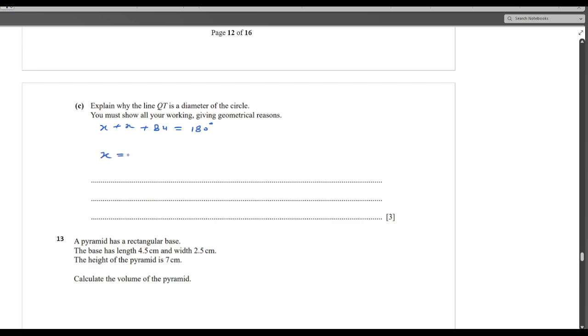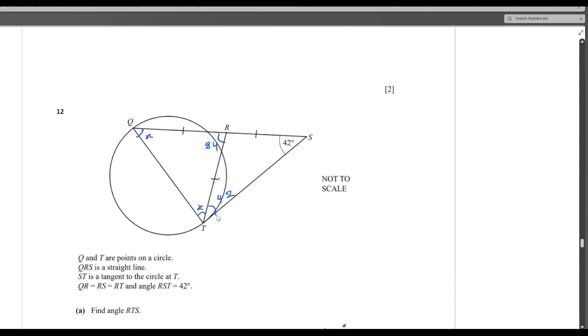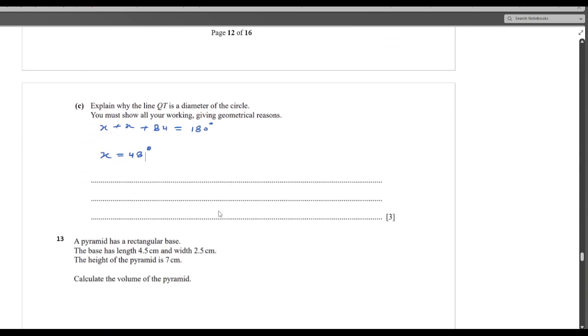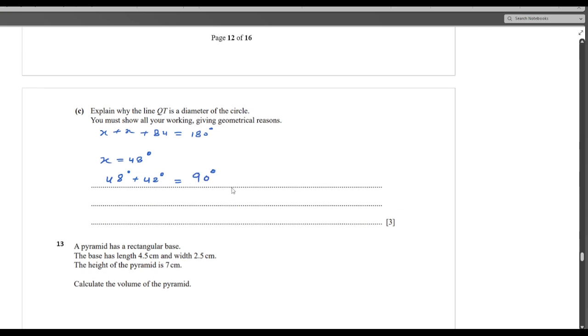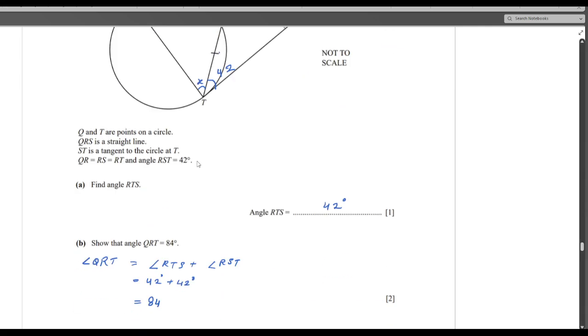So the value of x we get is 48 degrees. Okay, now 48 degrees plus 42 degrees will give you 90 degrees. So this angle QTS is 90 degrees.